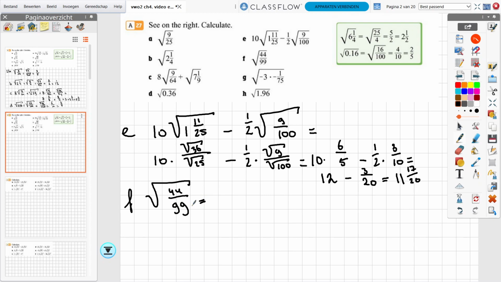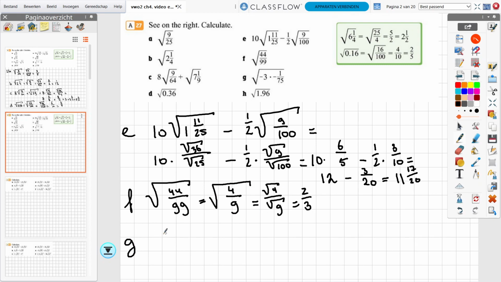And remember, you can simplify this, because both the numerator and the denominator I can divide by 11. 44 divided by 11 is 4. 99 divided by 11 is 9. Yeah, and then this one, you can almost dream by now. This is 2 over 3. Okay, so if you can simplify, simplify first.